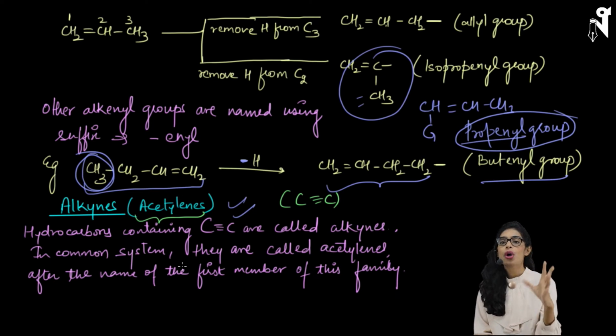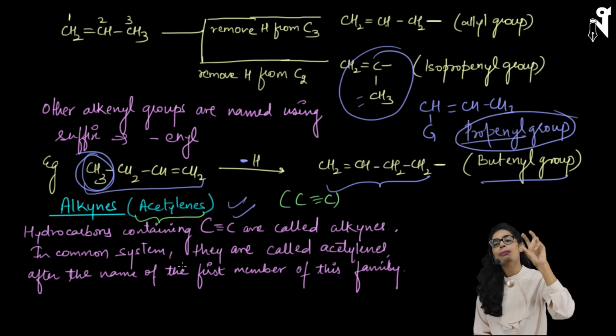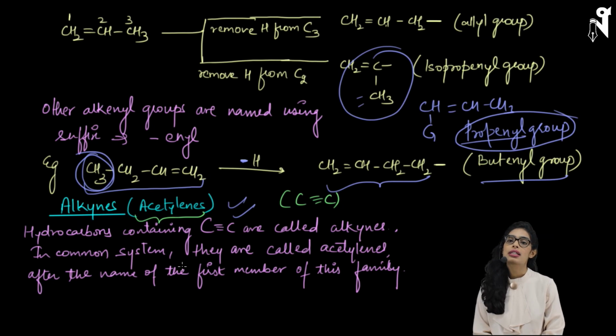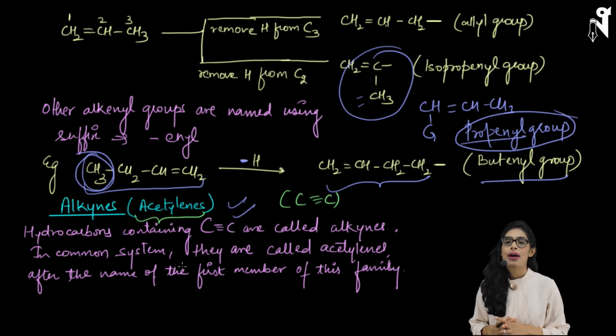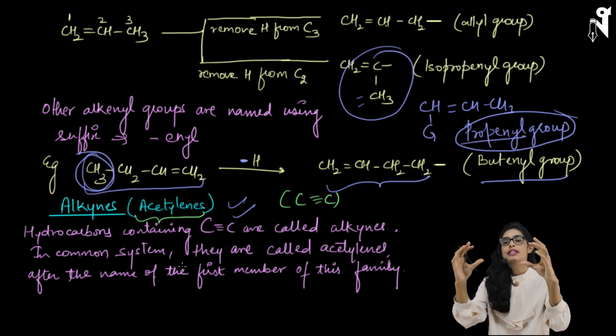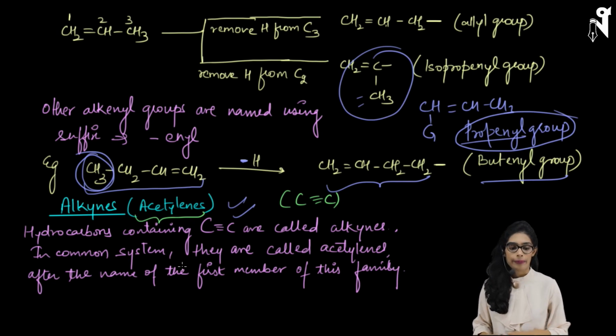Same way as in the periodic table, oxygen group means the group carrying oxygen at the top, or the carbon family means the family which has the first element as carbon. Exactly the same way, it is the acetylene family, because acetylene is the first compound or the smallest compound of alkyne.